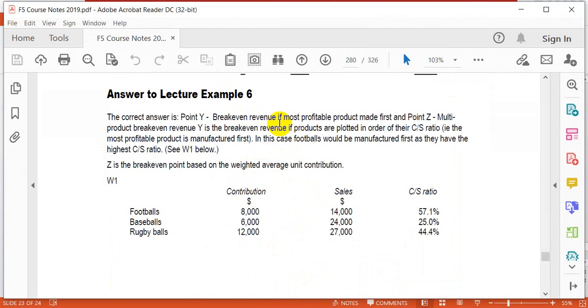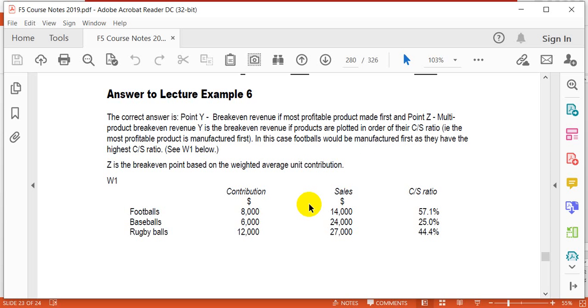Z is the break-even revenue if the most profitable product is made first, and Y is the break-even revenue if products are plotted in order of the CS ratio.